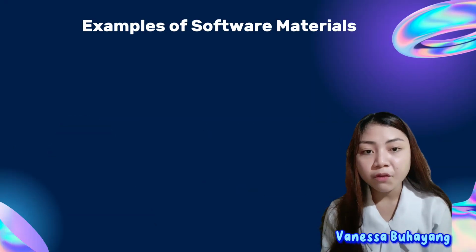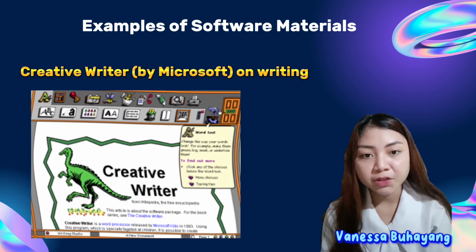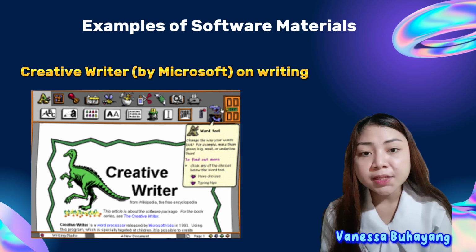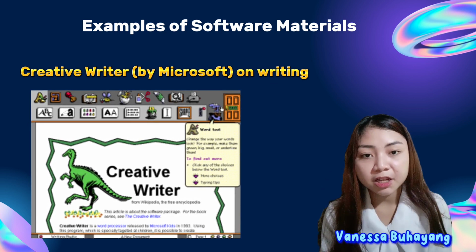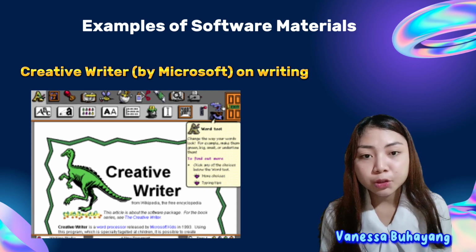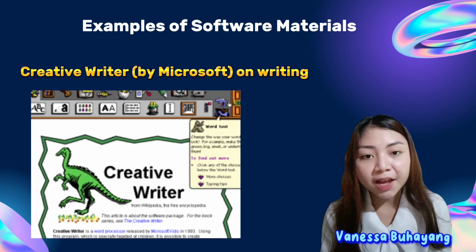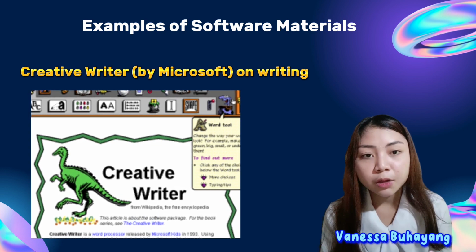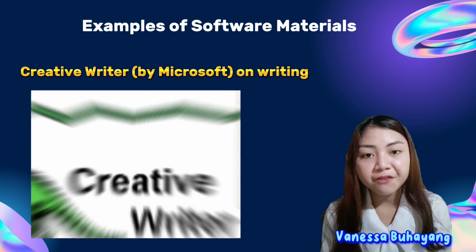An example of software material is Creative Writer by Microsoft on writing. Using this program, which is specifically targeted at children, it is possible to create documents such as letters, posters, flyers, and stories, complete with different fonts, clip art, word art, and effects.